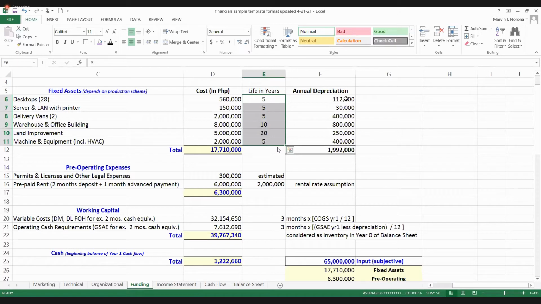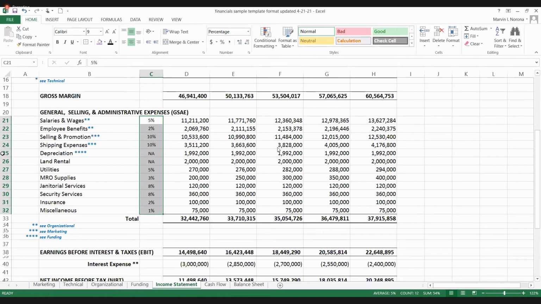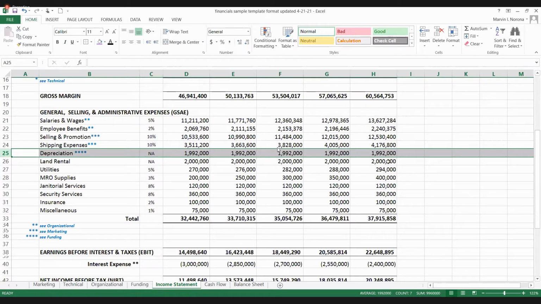Pwede kayong magkaroon ng schedule and then add it up. Ito yung yearly depreciation expense ninyo. Nalilitaw sa income statement as depreciation. Ito yun. So pare-pareho sila every year.